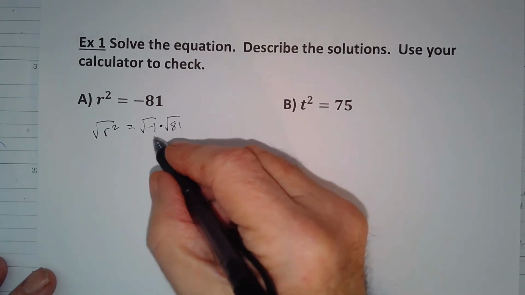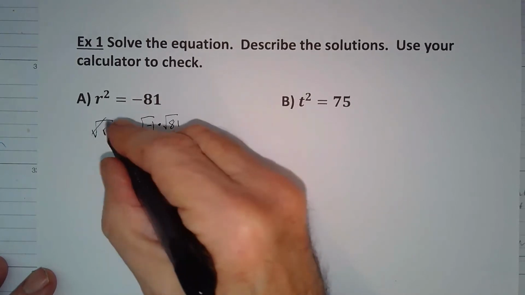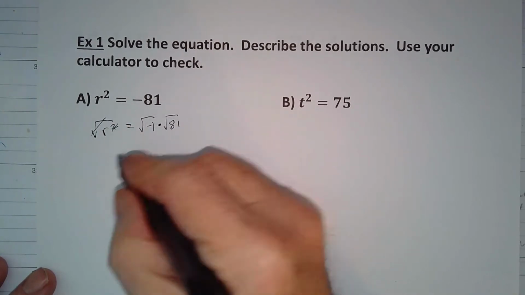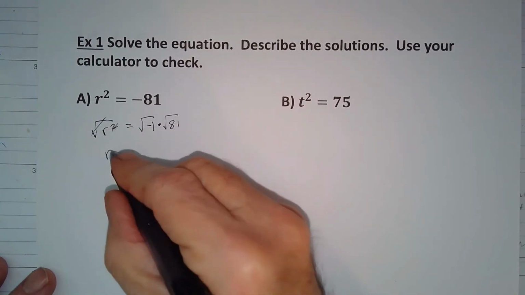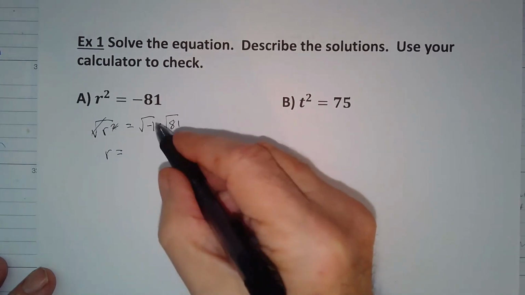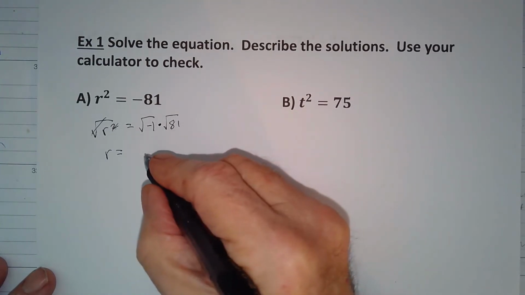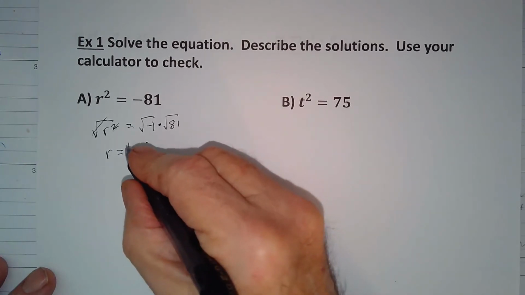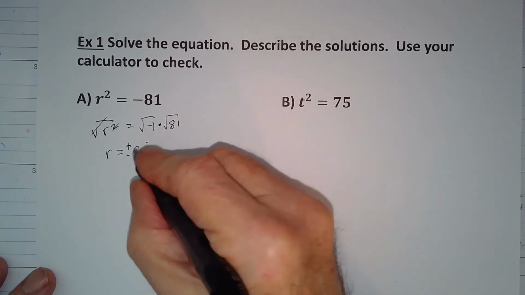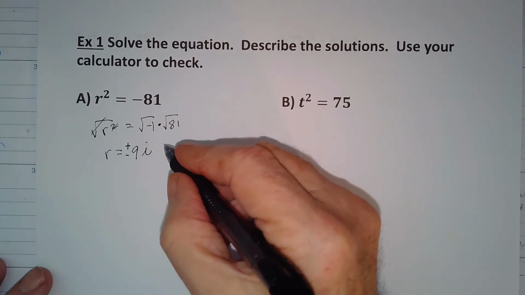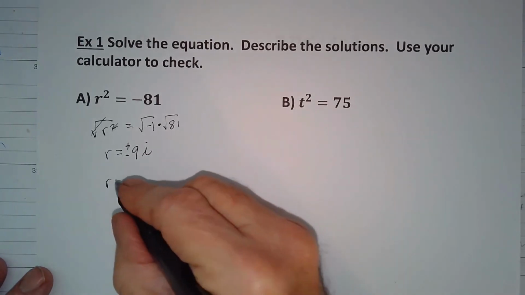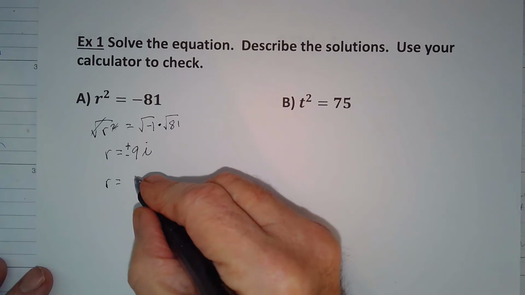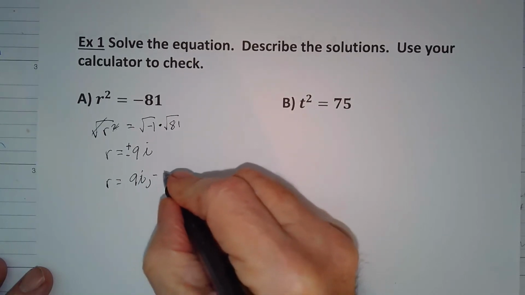When you simplify this, the r squared and the radical sign disappear for the r, and you get r equals, and the square root of negative 1, of course, we know is i. And the square root of 81 is plus or minus 9. So our answer is plus or minus 9, oftentimes written as positive 9i and negative 9i.